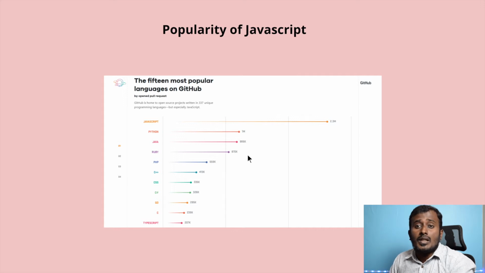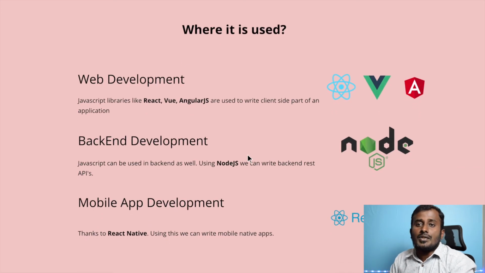A lot of people are coding in JavaScript. The community is really active. So if you are a beginner and you want to learn about JavaScript, obviously it's a must and necessary language to learn. And you have other reasons to learn as well, which we will discuss in the next slide, which is called where it is used.